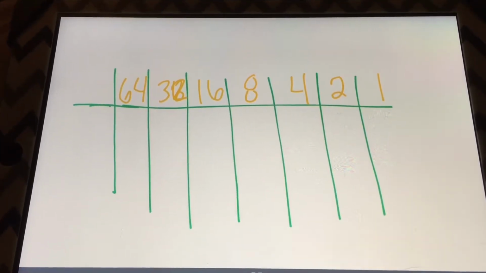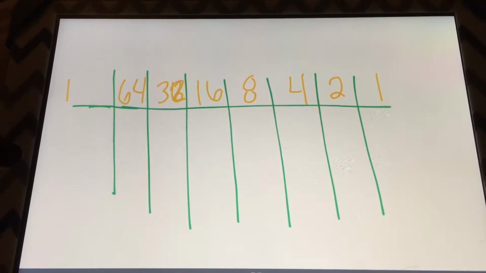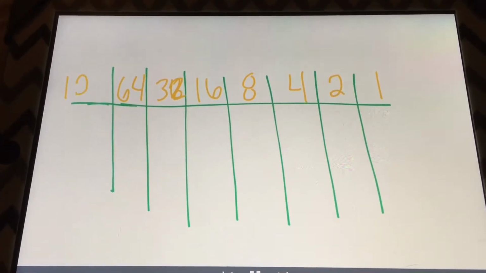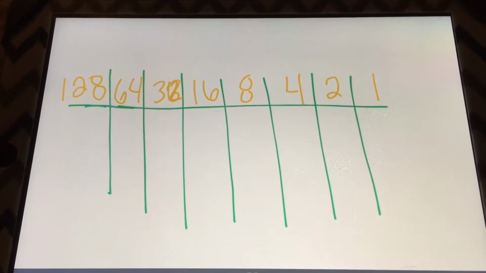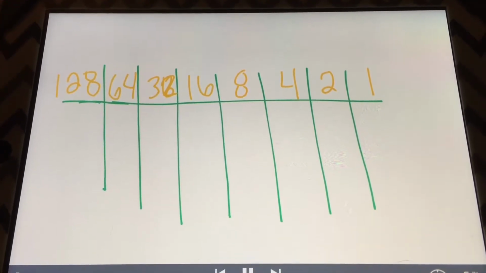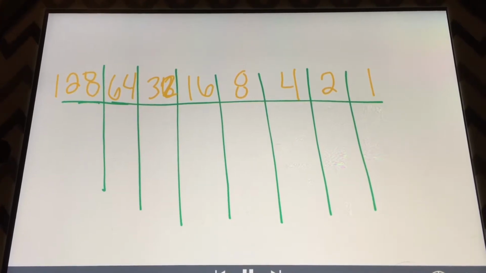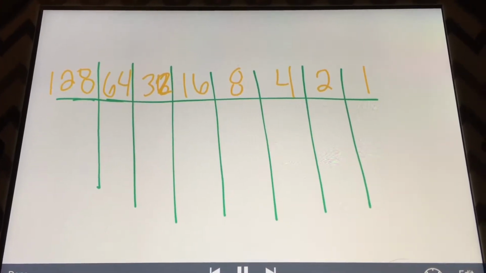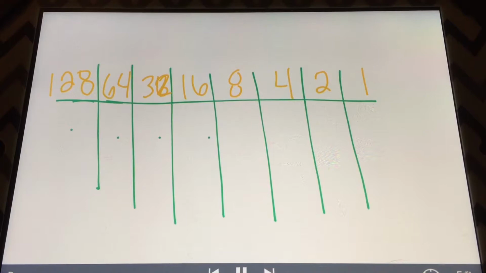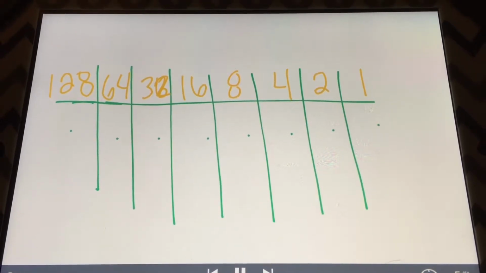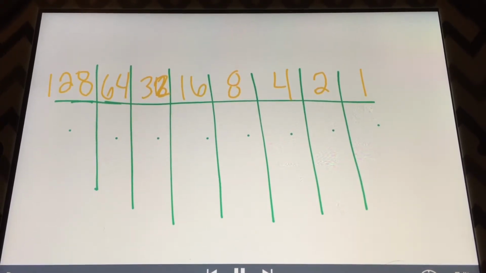And 64 times 2? 128. So we now have our place values set out for our 8 bits. 1, 2, 3, 4, 5, 6, 7, 8. 8 bits of binary code.